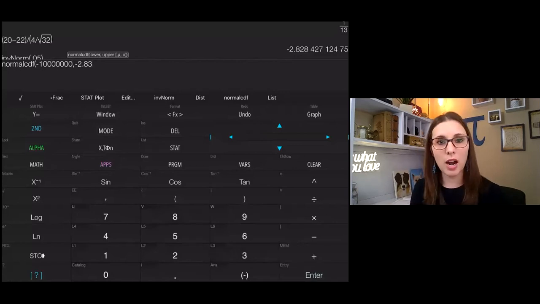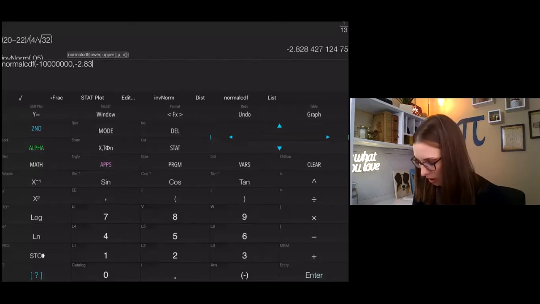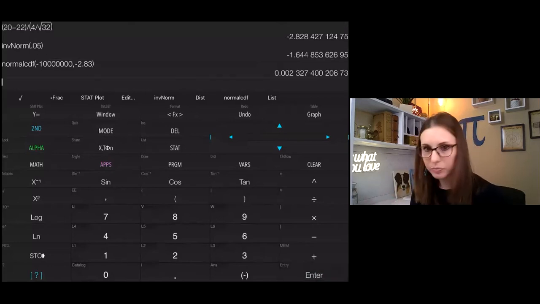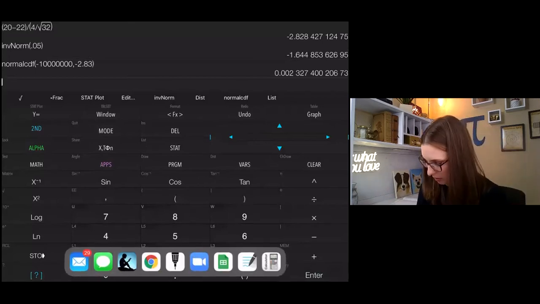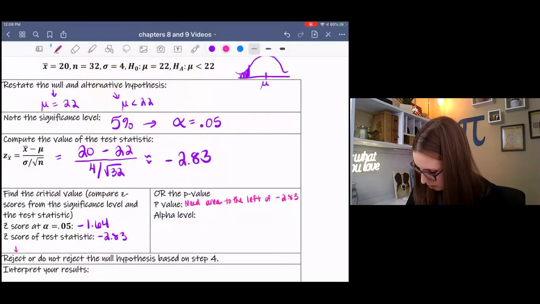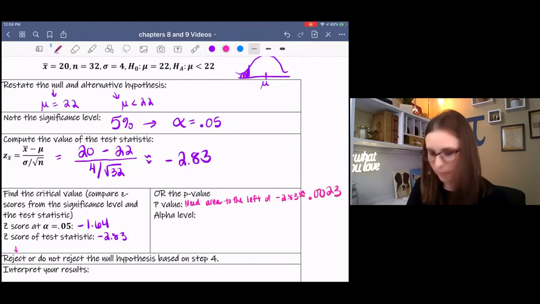And this is standardized, so I don't need to put in the mean and the standard deviation. It assumes 0 and 1. And we get 0.0023. So that is about 0.0023. And our alpha level is 0.05.